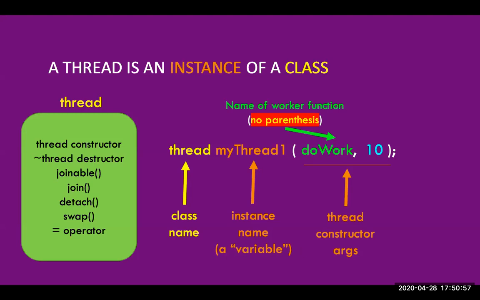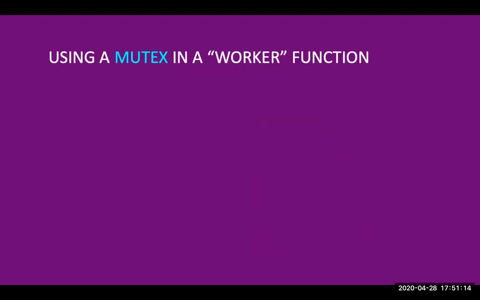And the thread construction is actually going to launch the thread, and your doWork function is going to get called. And that's really the lifespan of that particular thread, is just that one function. And it, of course, can call other functions if it knew how to do so, but that's our function primarily. That's how we launch that worker function.